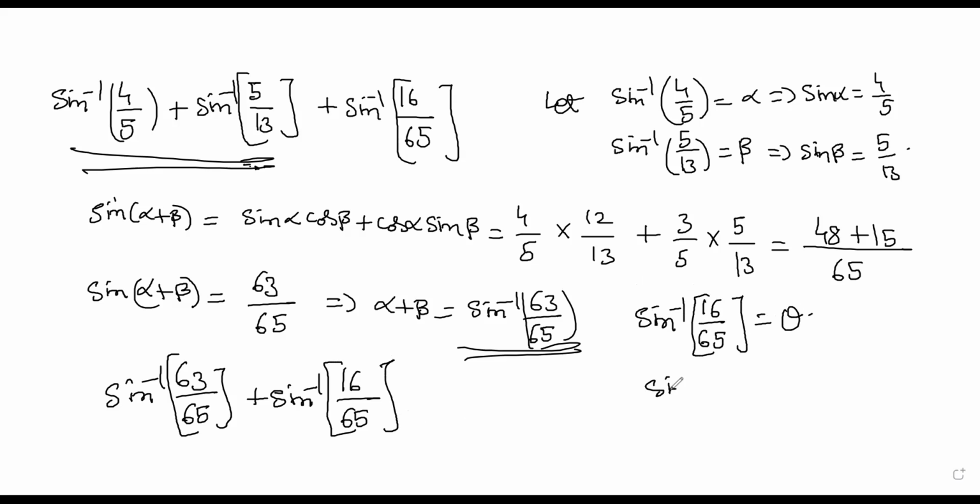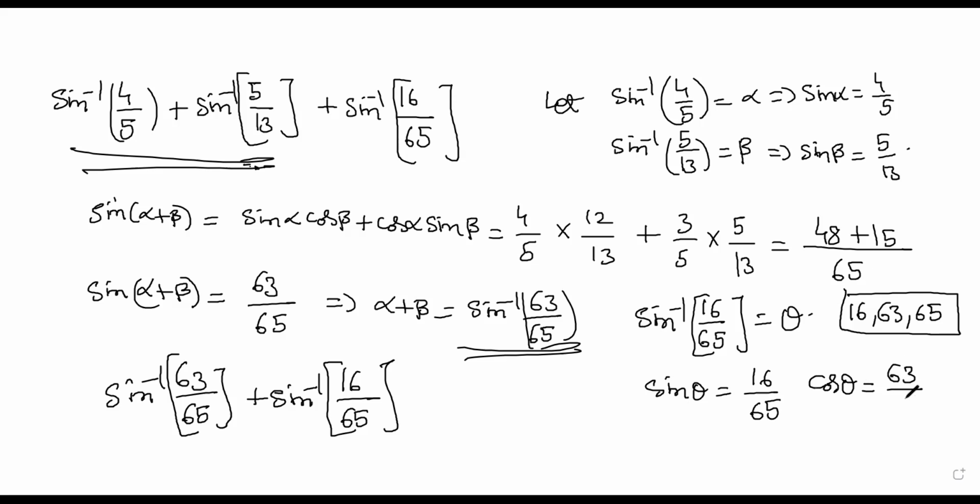Then sine theta is 16 by 65. I'm able to do this because 16, 63, 65 forms a Pythagorean triple. So if sine theta is 16 by 65, cos theta is 63 by 65.